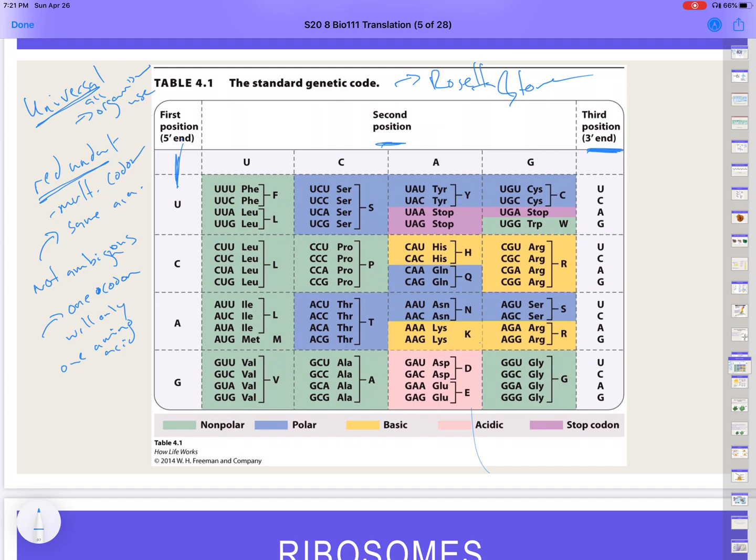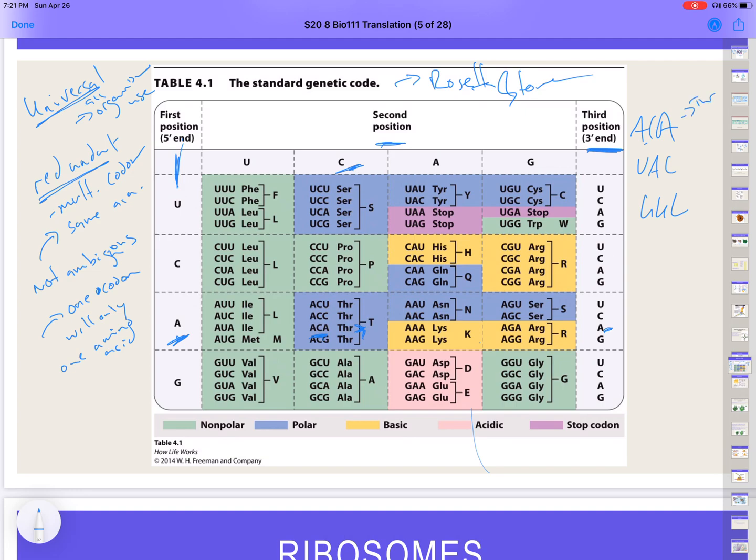So let's just say I'm just making something up on the fly here, but let's just say ACA, UAC, GGC, right? So looking at that sequence, I can always say, okay, ACA, start with A, go over to C, and then A, ACA, and it's always going to be a threonine.